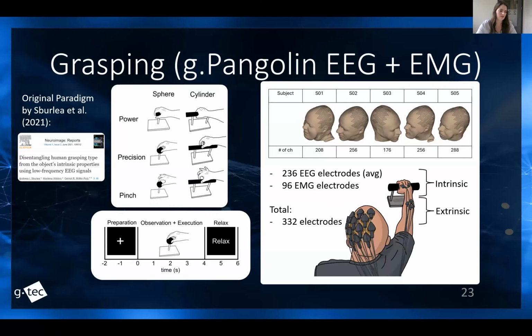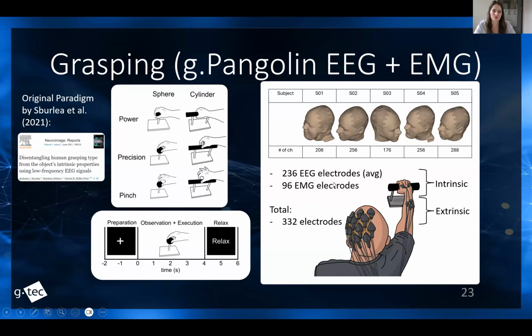And to gain a better understanding of these movements, it's very interesting to study this with higher spatial resolution on both EEG and EMG. We recorded on average with 236 EEG electrodes placed mainly on the motor areas, and we had 96 EMG electrodes spread over the extrinsic muscles on the arm and the intrinsic muscles on the hands.